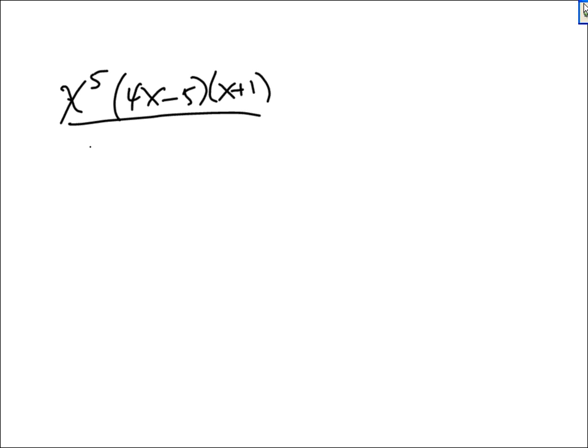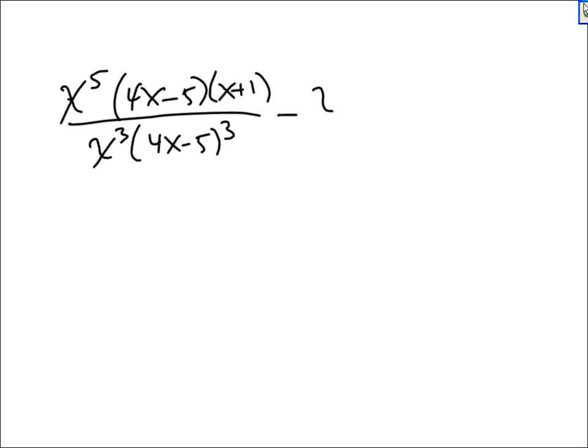So one more. Well, let's do this one. Suppose you have x to the 5th times 4x minus 5 times x plus 1 over x cubed times 4x minus 5 cubed.